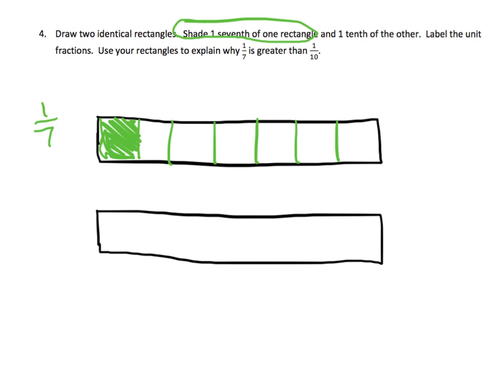Now the next part says shade in 1/10. Oh my goodness. Now here's my little trick for tenths. We know that tenths is 2 times 5, right? So the first thing we're going to do is cut it into 2 equal pieces right there. And then we're going to cut each of those pieces into 5 pieces.